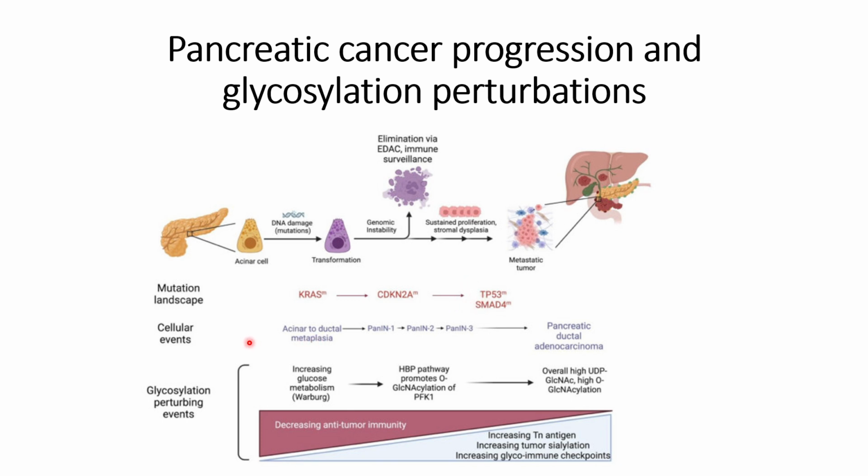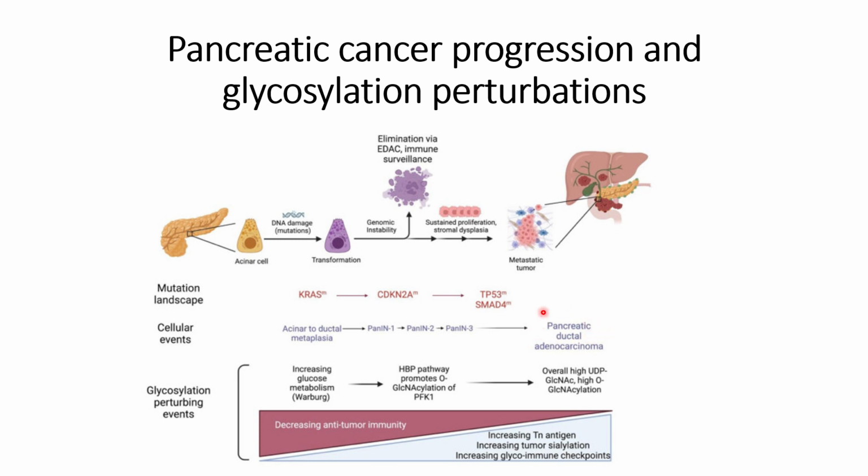The different stages defined for pancreatic cancer progression are, first, acinar to ductal metaplasia formation. After that, the PanIN-1 stage, basically the intermediate stage, and then PanIN-2, PanIN-3, and thereafter pancreatic ductal adenocarcinoma.